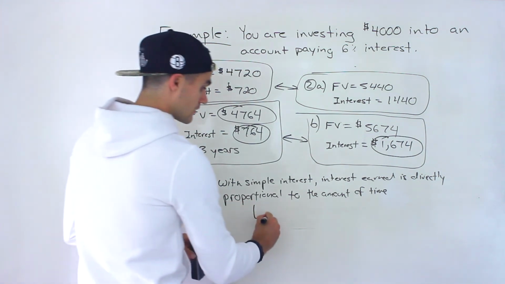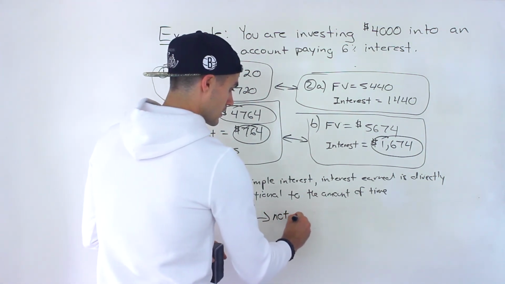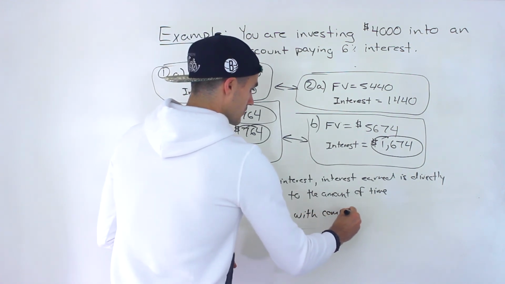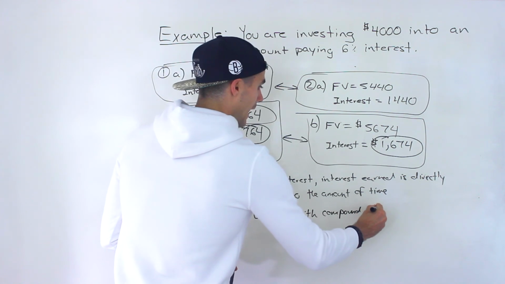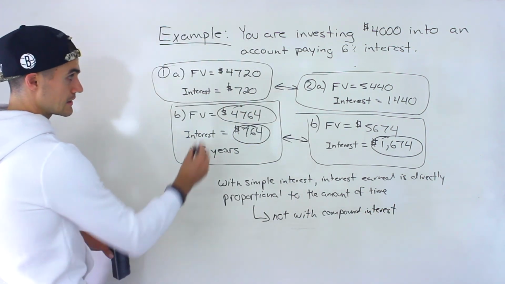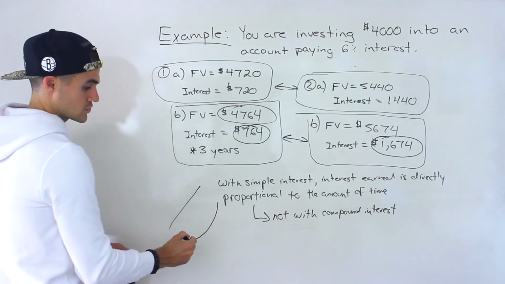But this direct proportion doesn't hold with compound interest, because it's compounding. It's like this is linear and the compound interest is exponential.